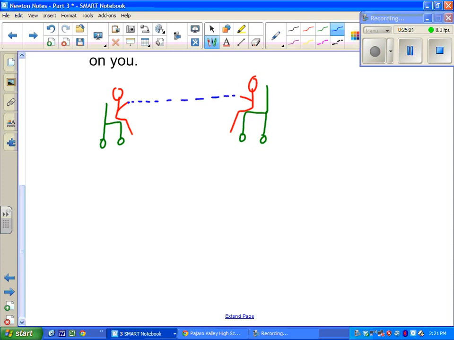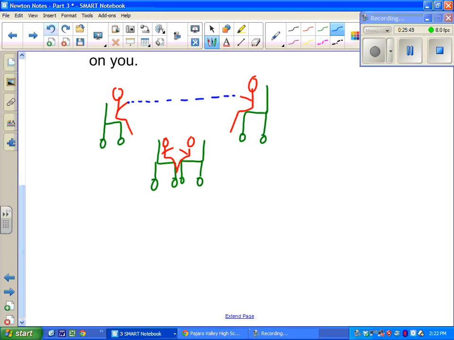And we had only one person pull. If the person on the left pulls, it's going to pull both people together, if only one person pulls.